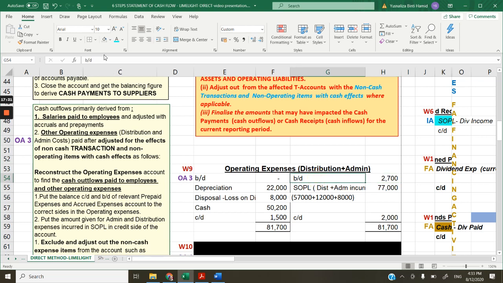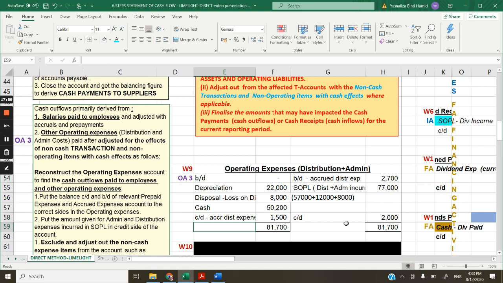This one is showing all the accrued expenses. We are putting the accrued distribution expense here, beginning, right? And the one here is that I'm putting back the accrued distribution expense closed down, that is being carried down, right?